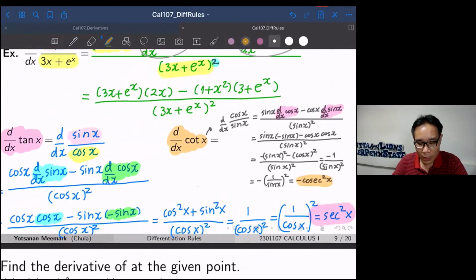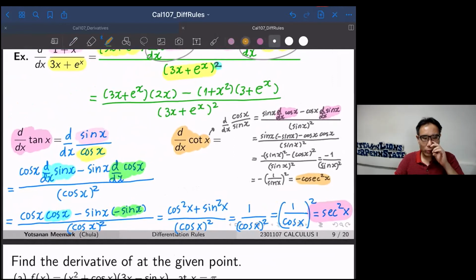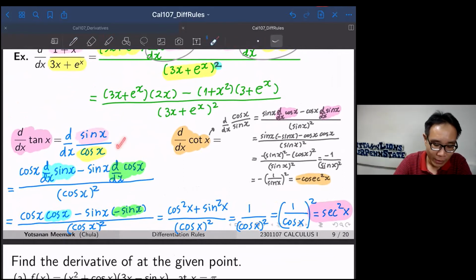So they are two trigonometric formulas. This one comes directly from just using the quotient rule. You don't need to show your work after this. I'm going to show this one only once, and we're going to refer to it all the time. Derivative of tan is sec squared, derivative of cot is negative cosec squared.